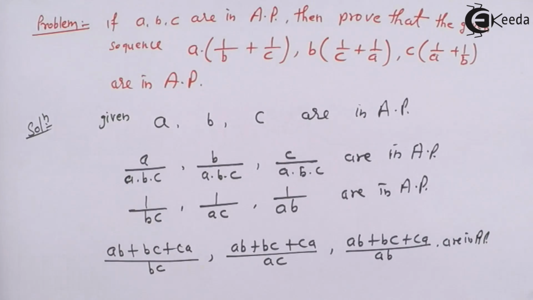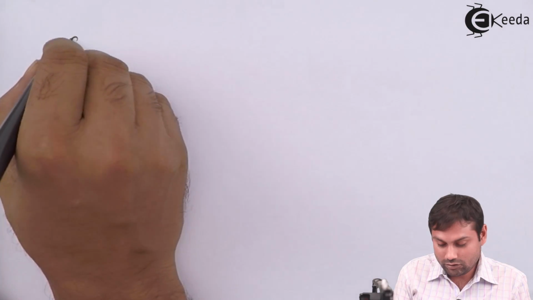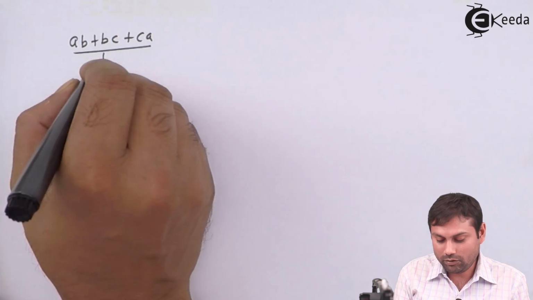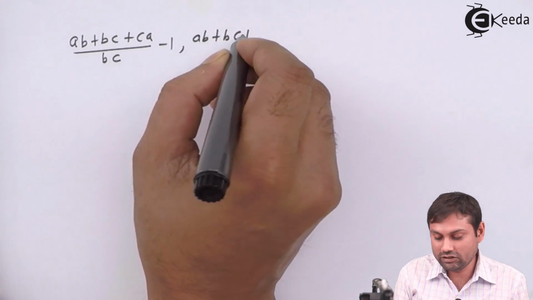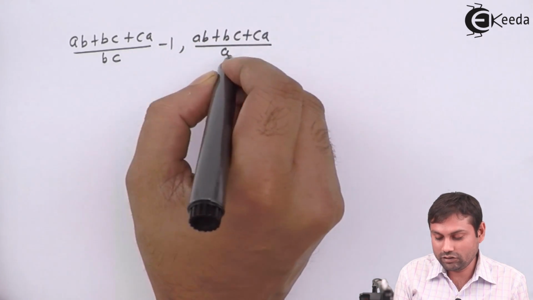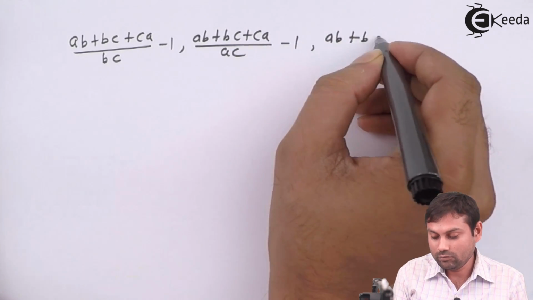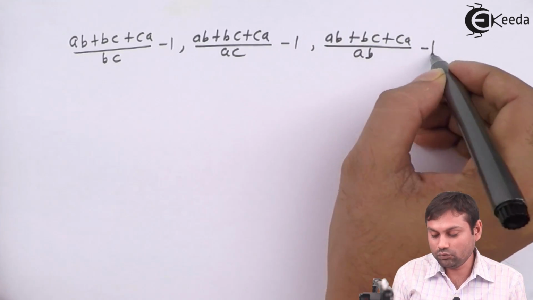Okay, now I'm going to add minus 1 in each term. In that case also the given sequence also in AP. So AB plus BC plus CA upon BC minus 1, comma AB plus BC plus CA upon AC minus 1, comma AB plus BC plus CA upon AB minus 1.